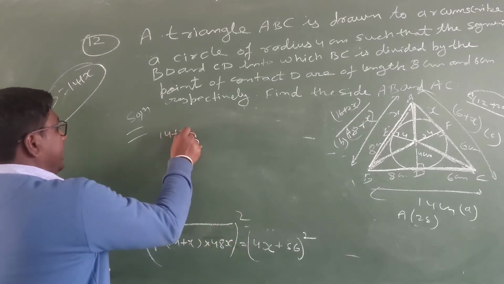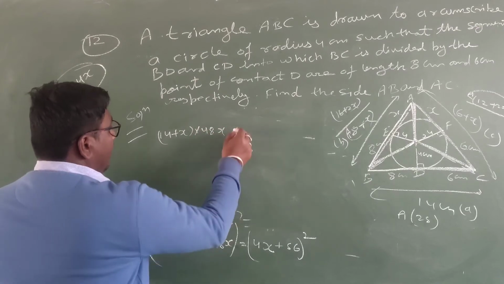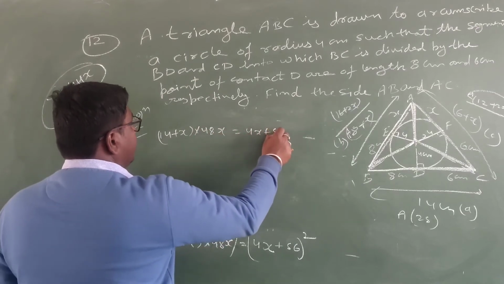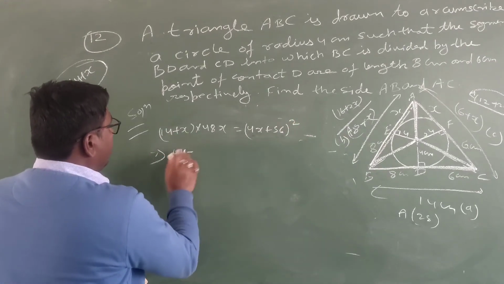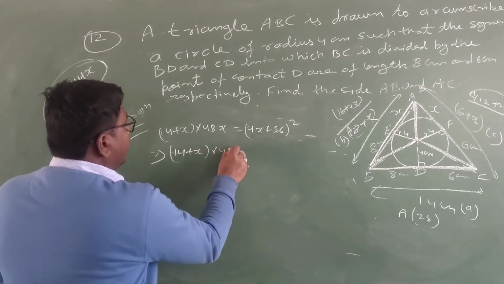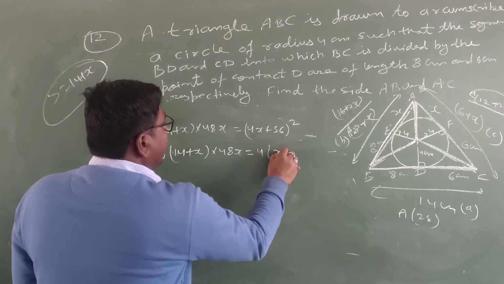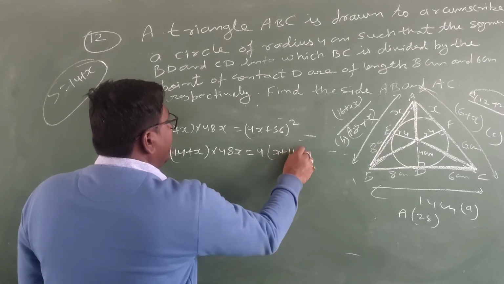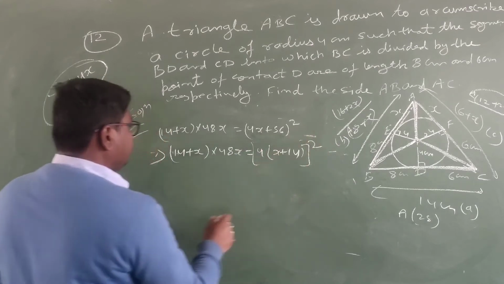Here it will be 14 plus x into 48x, and here it will be 4x plus 56, and then the whole square. So we can write this as 4 into x plus 14, as 4 has been taken as a common factor.